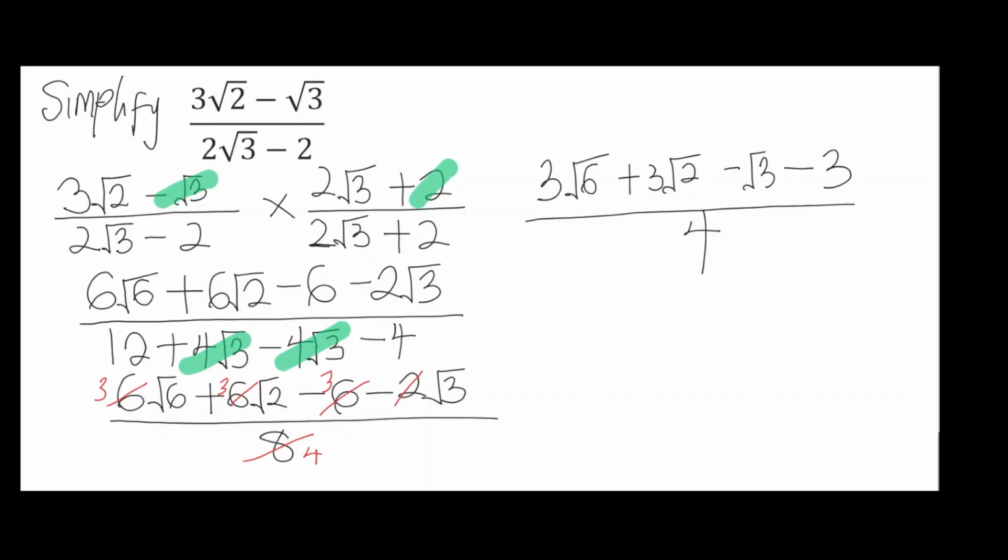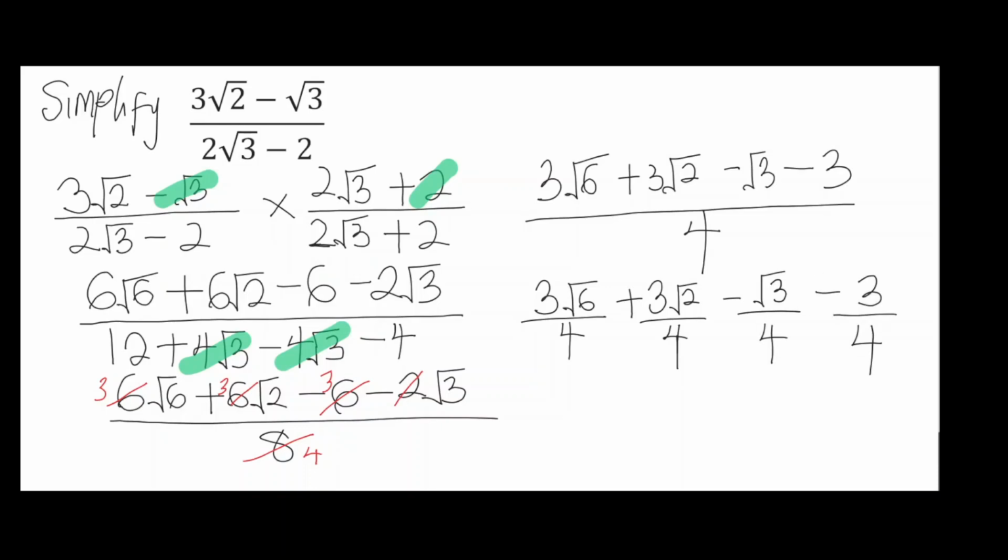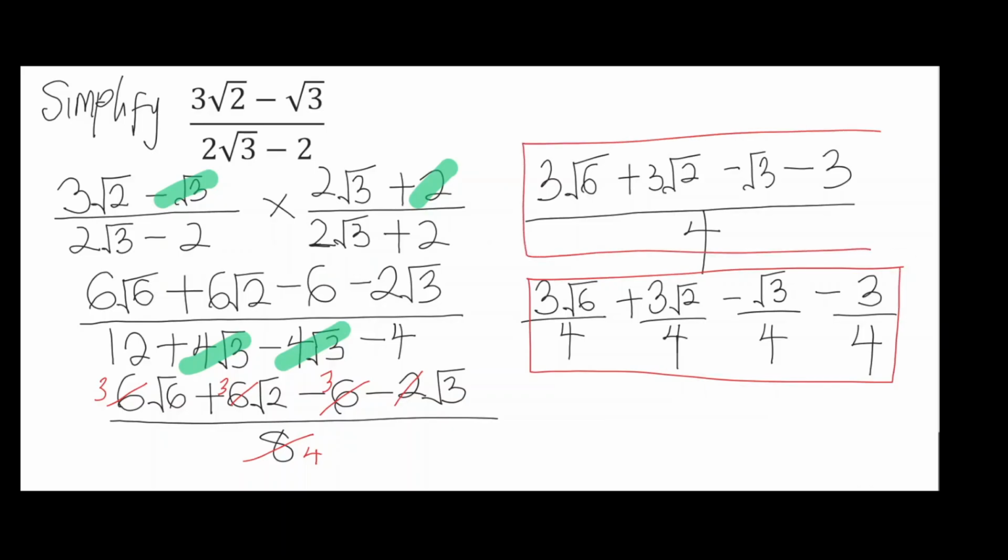Or I can still split by writing them as 3 root 6 divided by 4, plus 3 root 2 divided by 4, minus root 3 divided by 4, and of course, minus 3 divided by 4. So it's still going to be the same thing. So this is the final answer, or this. Any one you choose to use is correct.